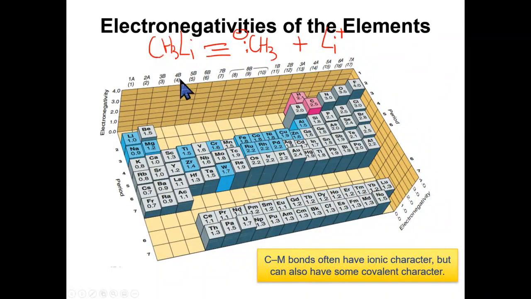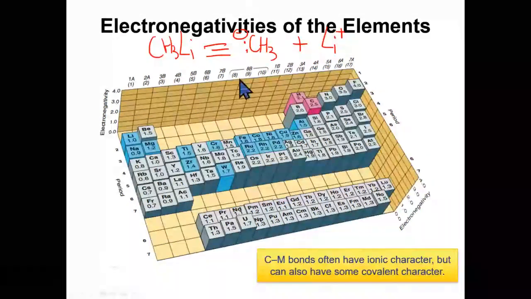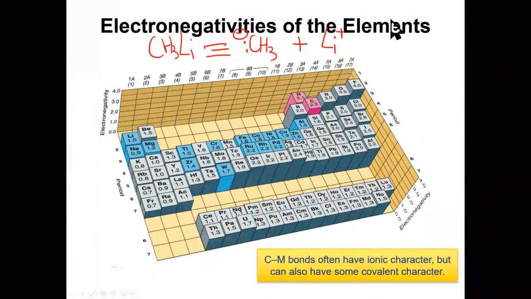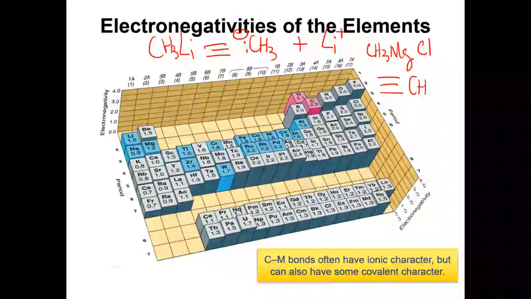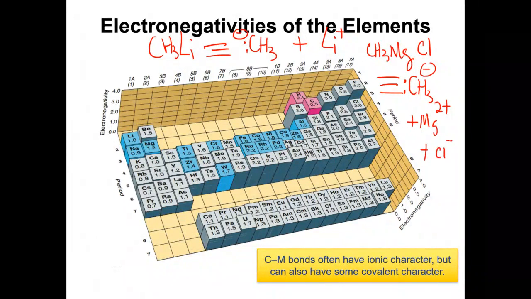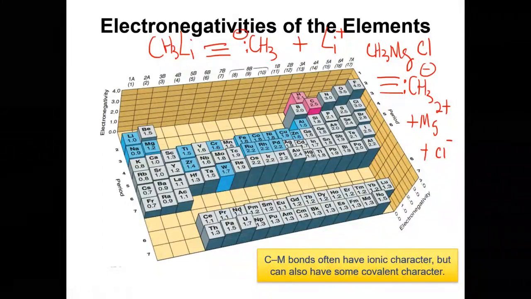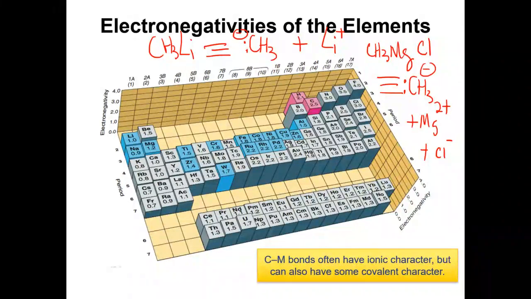We can consider methyl lithium equivalent to the methyl anion plus lithium cation. And similarly, for an organomagnesium compound, say methyl magnesium chloride, we can consider it equal to methyl anion plus magnesium cation plus chloride anion. So those are approximations, and they will help us to understand the reaction. And copper is different, because we consider organocopper compounds to be covalent.